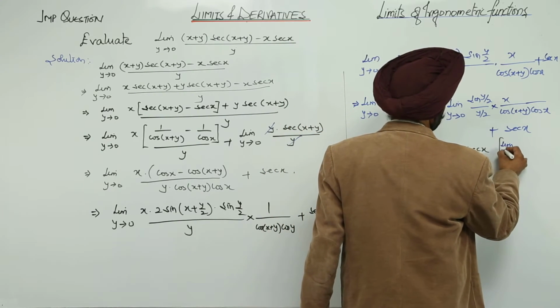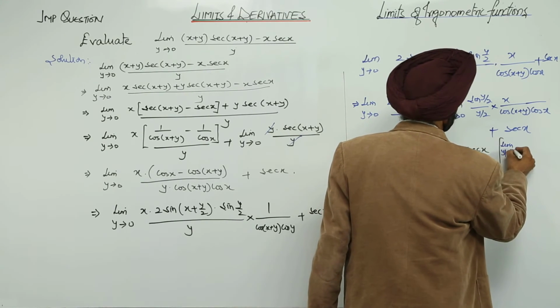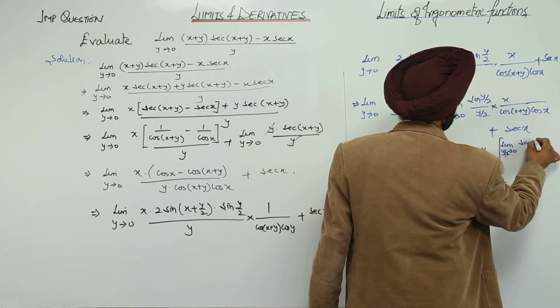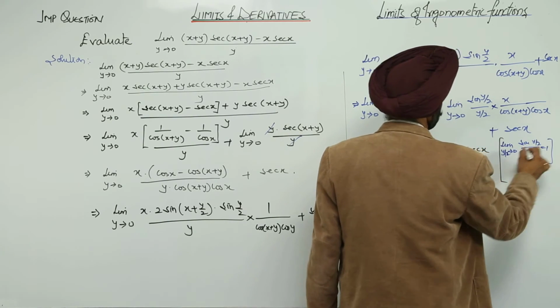Limit y upon 2 approaches 0 of sin y upon 2 over y upon 2 is equal to 1.